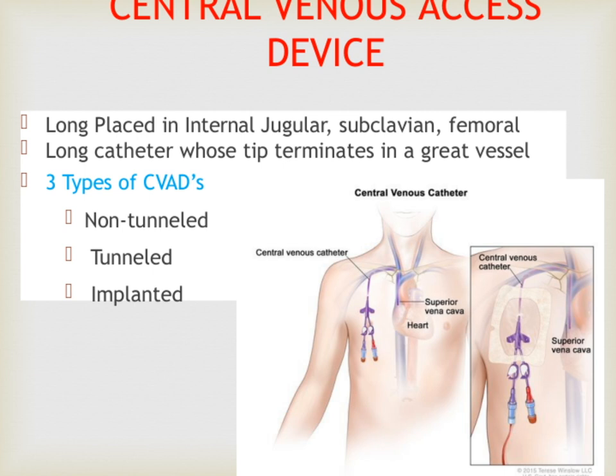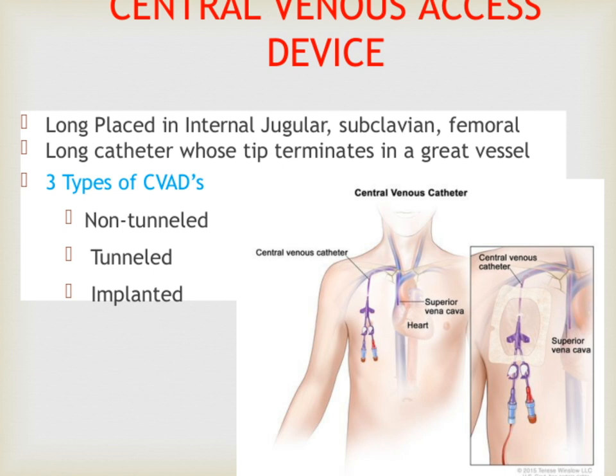There are three main types of CVADs we need to be familiar with. First, the non-tunneled catheters, which are usually inserted directly into the vein and are often used in emergency or short-term situations. Then, we have tunneled catheters, where the catheter is threaded under the skin before entering the vein, reducing infection risk and making it suitable for longer-term use.